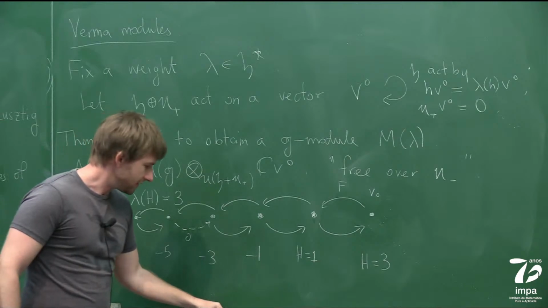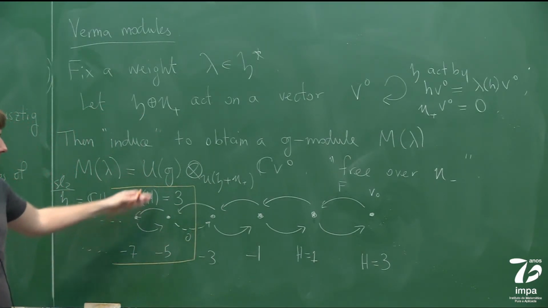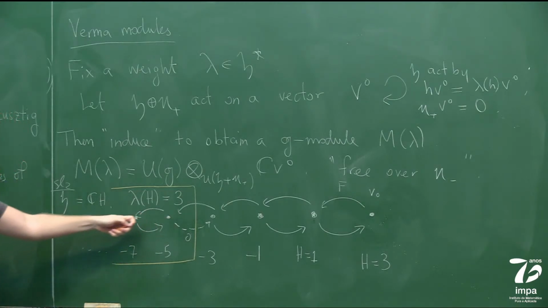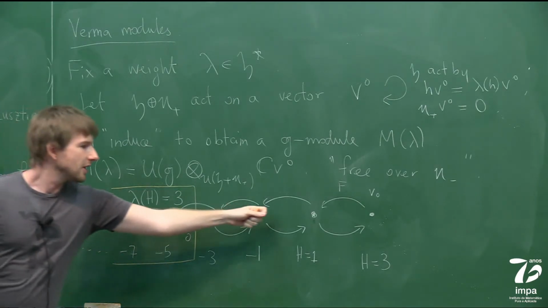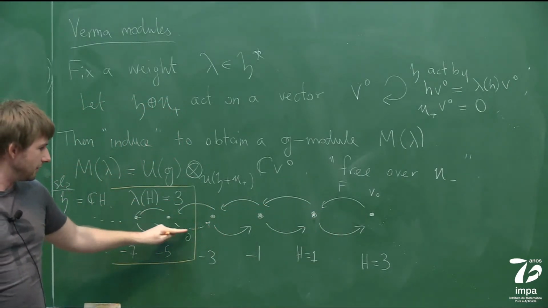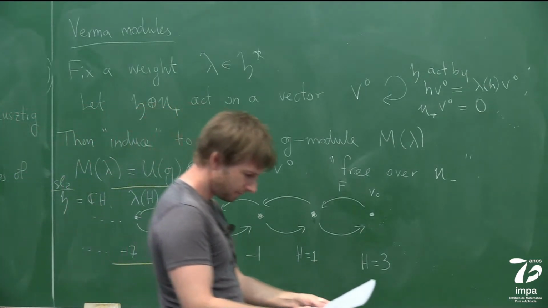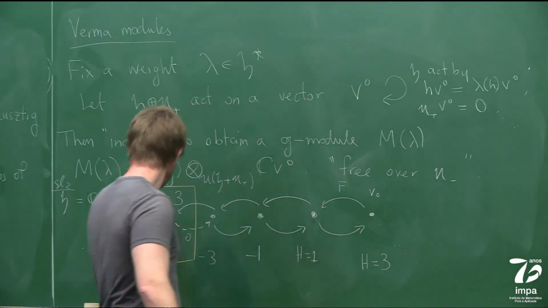So what you have actually is a submodule. This part of the vector space spanned by all of these vectors, you can get into it starting from the top vector, but you can't get back out because this coefficient is 0. So let me call this vector here sigma.